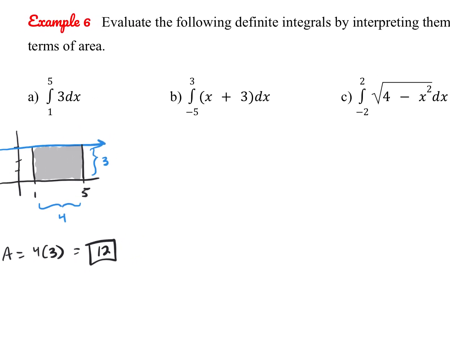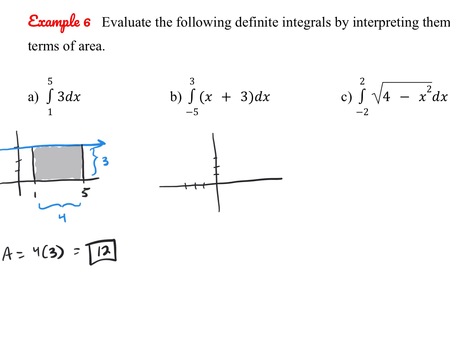All right, let's look at this next one. Here we have a linear function, x plus 3, from negative 5 to 3. So for this one, it might be useful for us to sketch a picture of what this looks like. So we know that it has a y-intercept at 3 and a slope of 1.